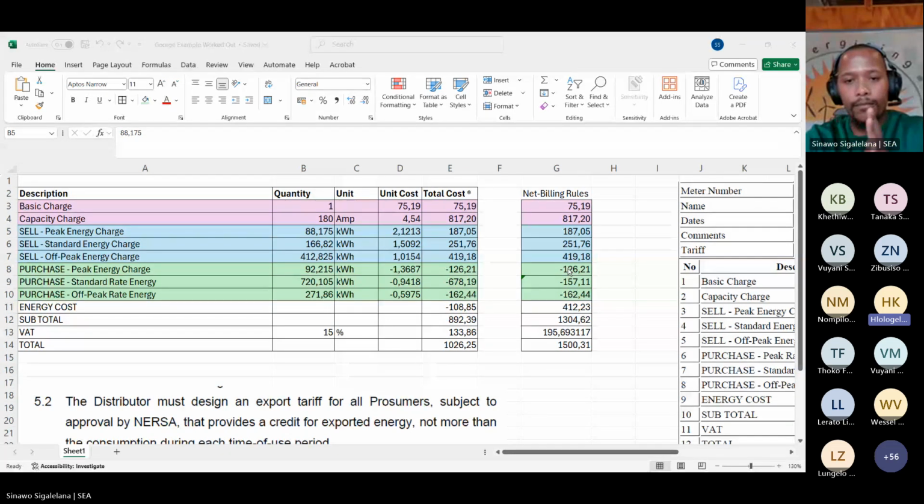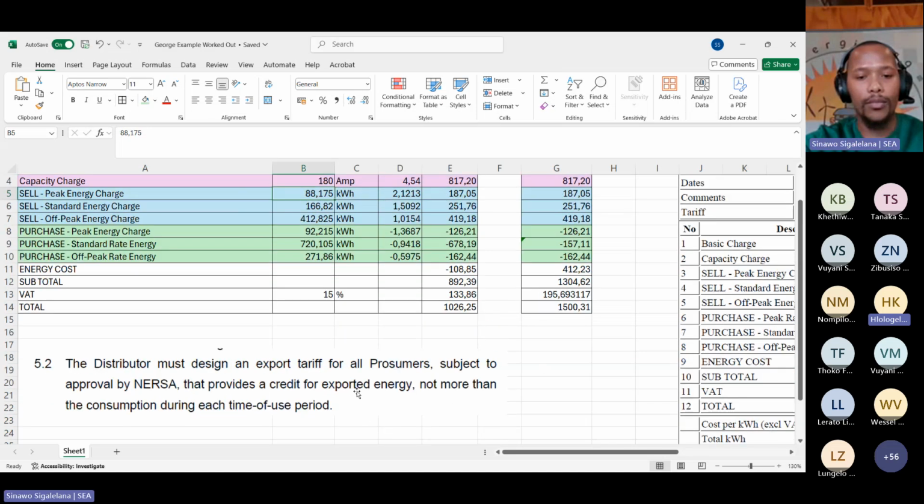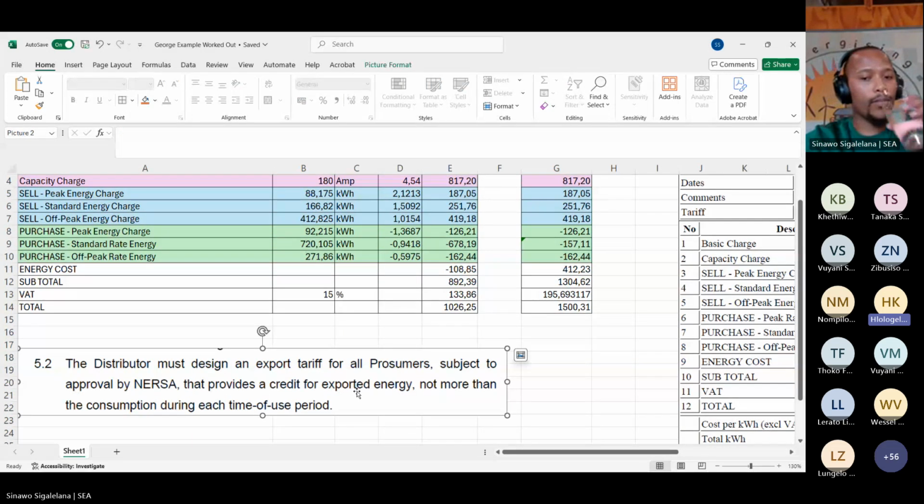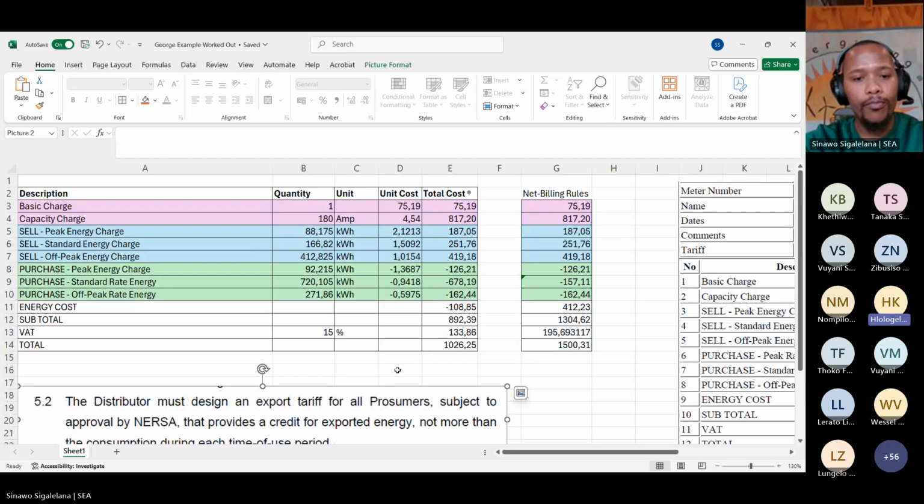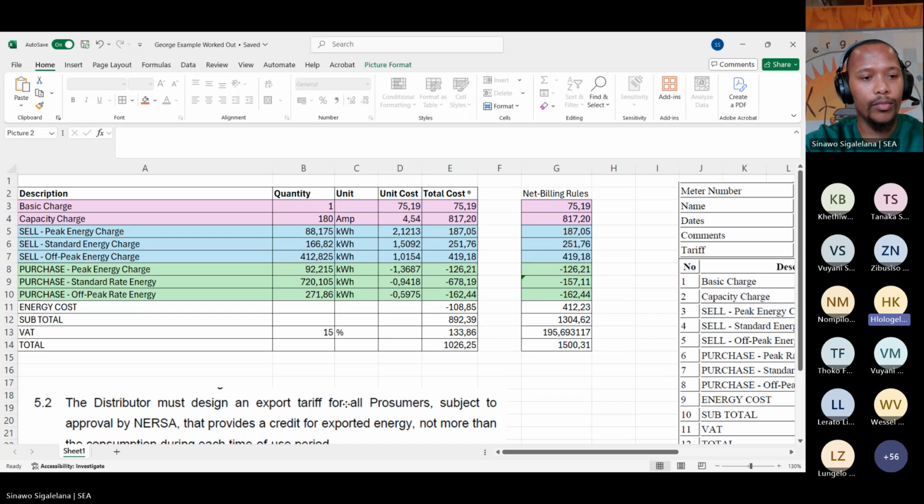If I can just come in, the way one would understand it is that there is a prosumer who is able to produce and to sell, right?